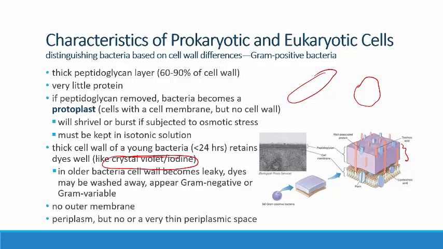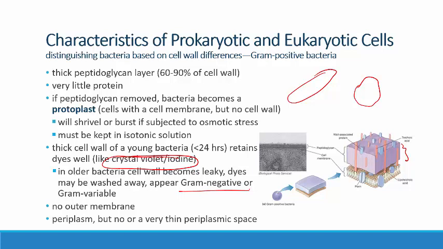So the older bacteria tend to either appear gram-negative because the primary stain washes out and only the counter stain remains, or gram-variable with some of the cells retaining the primary stain and other cells losing it.